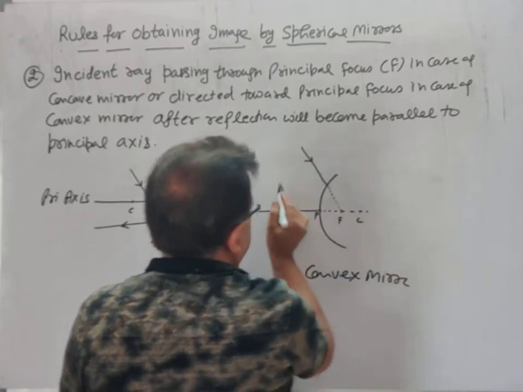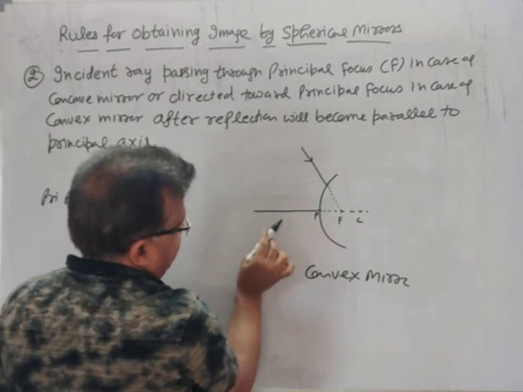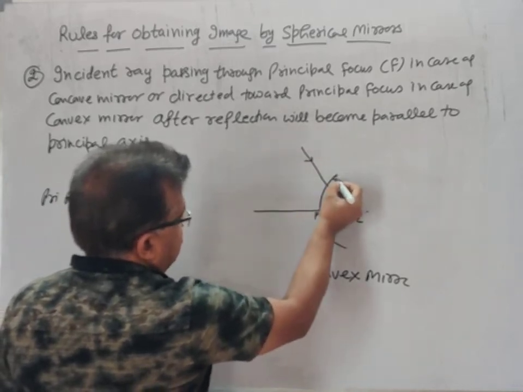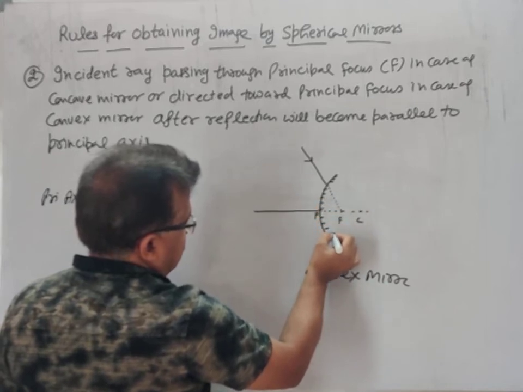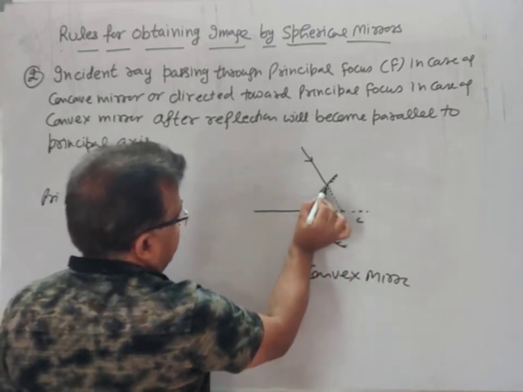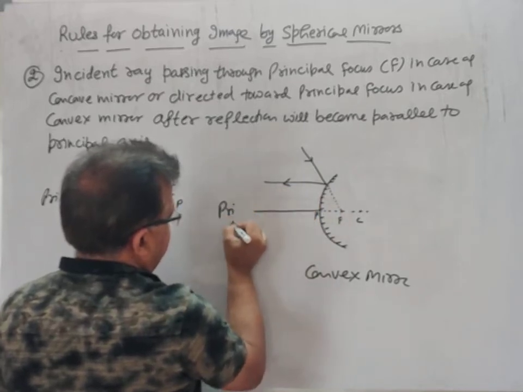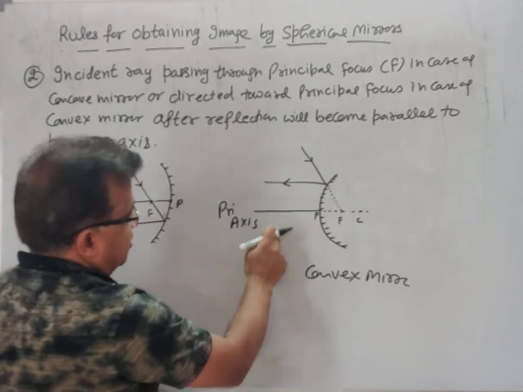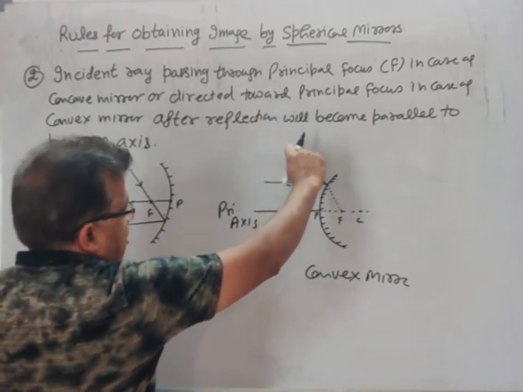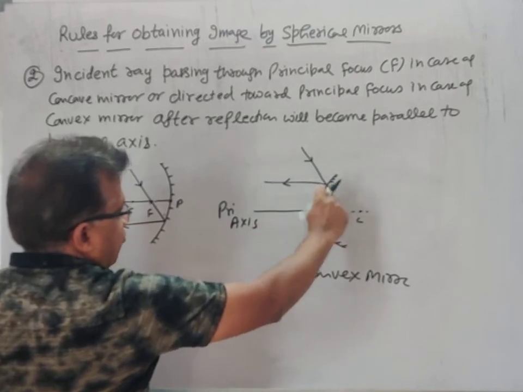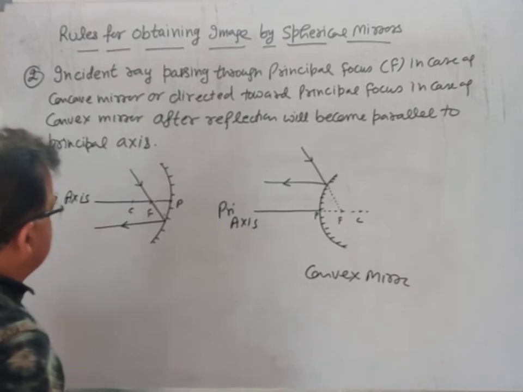It is the incident ray, it appears to be directed toward the principal focus, but it will be reflected back from here and become parallel to principal axis. It is principal axis, and this ray which appears that it will pass through the focus will become parallel to the principal axis.